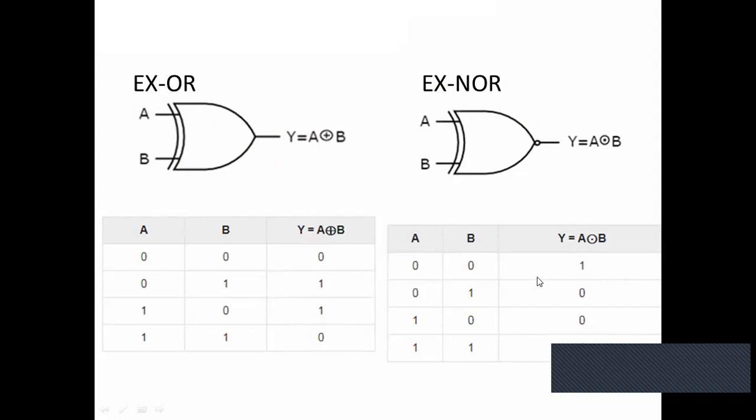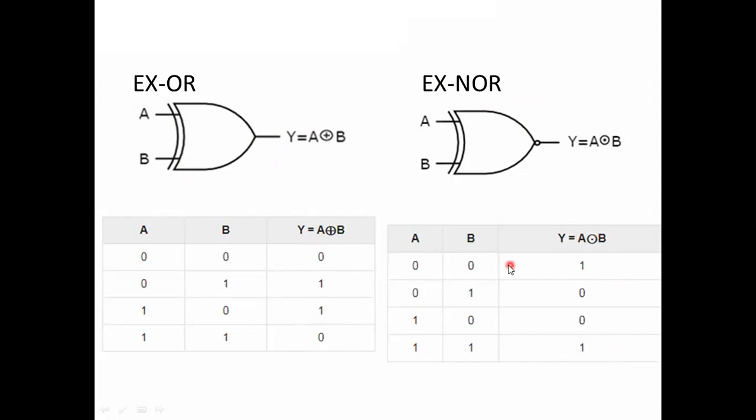The XNOR outputs are 1, 0, 0, 1. Whenever an even number of ones are there, that means the 0 0 combination and 1 1 combination, the output of XNOR gate is 1. Whenever an odd number of ones are there, 0 1 and 1 0, the output is 0. That's why the XNOR gate is called the even function.